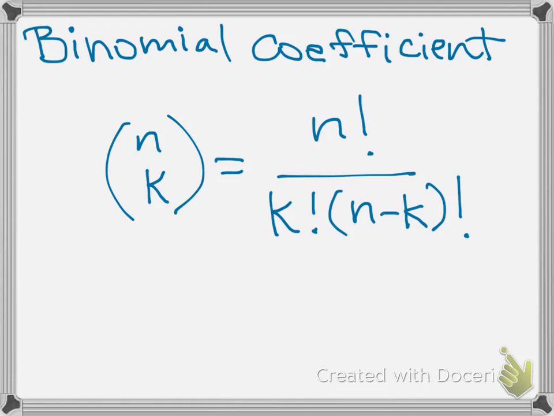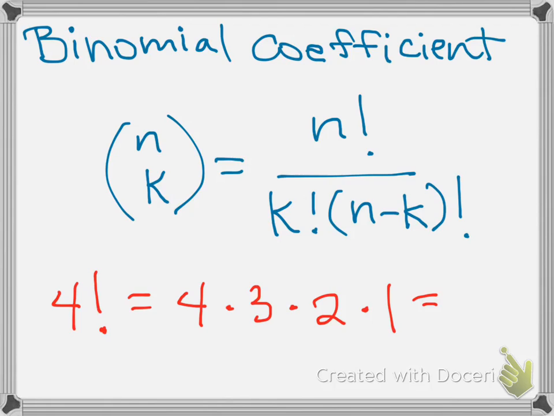So let's say we wanted to calculate, let's do an easy one, 4 factorial. And again, that's how you read it. When you see the exclamation point, you read 4 factorial. So that means that you're taking 4, and then you're going to multiply it by 3, and then by 2, and then by 1. So I'm pretty sure that would be 24.